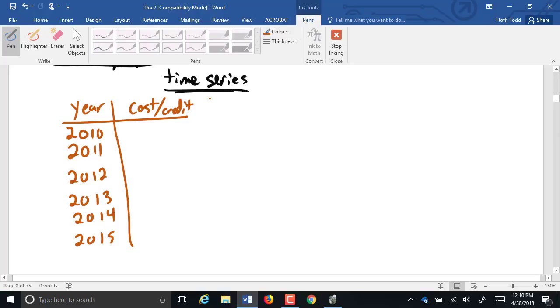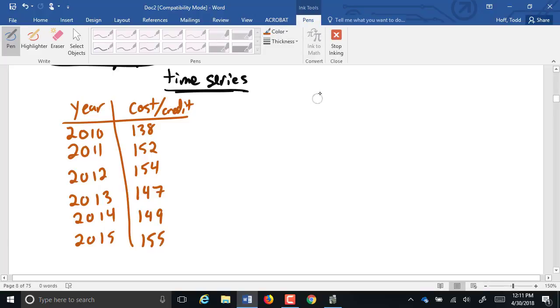So let's say in 2010, the cost per credit was $138. In 2011, it jumped up to $152. 2012, $154. 2013, some changes in funding, it dropped to $147. 2014, $149. And in 2015, $155.